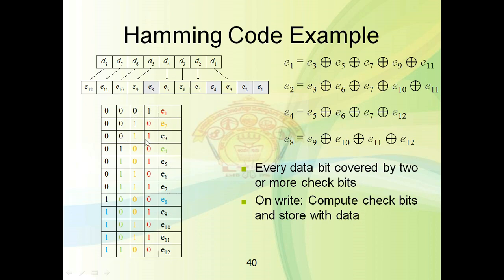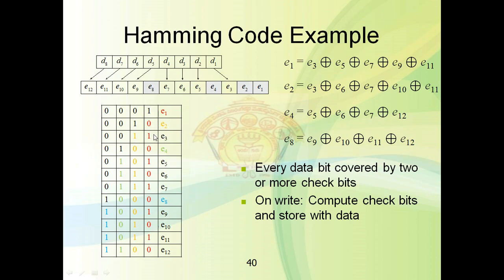And now how to calculate this E1? Come to the first column, leave the first position and go in the downward direction and see the positions having 1.